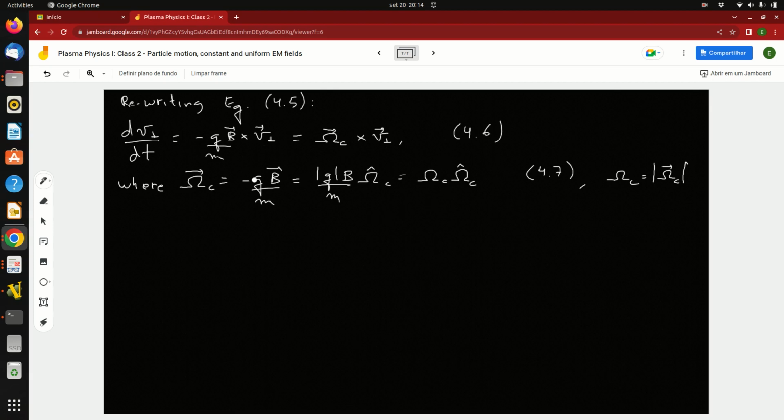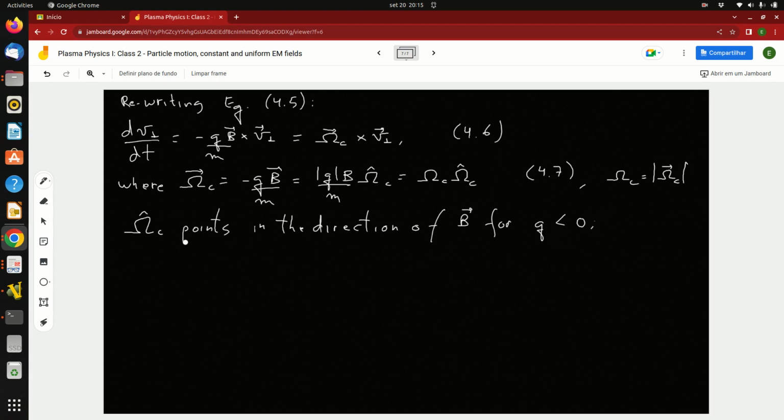So based on the sign of this relation, we see that this unit vector omega c points in the direction of B for Q less than 0.